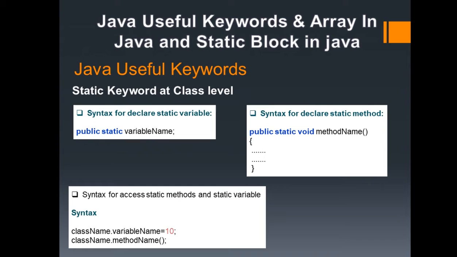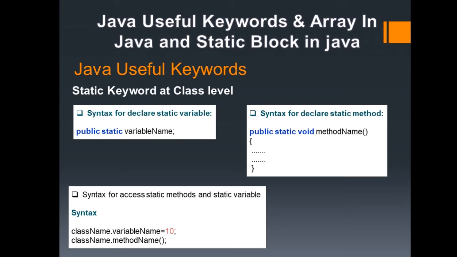Here is the syntax for declaring a static variable. This is public static variable name semicolon. And the syntax for declaring a static method: public static void main, the method name and braces. After that, the statements and the closing braces. Syntax to access a static method and static variable: class name dot variable name equals 10.